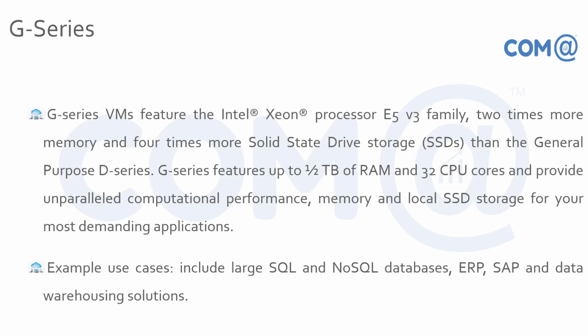The G series features up to half a terabyte of RAM and 32 CPU cores, that is virtual CPU cores, and provides unparalleled computational performance, memory, and local SSD storage for your most demanding applications. Example use cases include large SQL and NoSQL based databases, ERP, SAP, and data warehousing solutions.